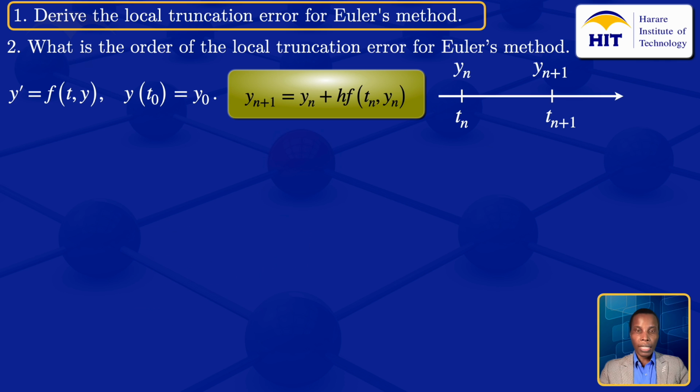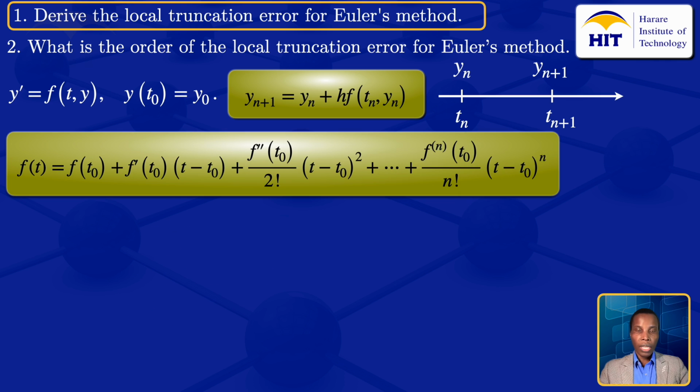So for the Taylor series expansion, if you still recall, if we have a function f and we are looking at the Taylor series expansion about the point t naught, the expansion is this one appearing on the screen. But we want to suit this to have the Taylor series expansion for the y that we have. So wherever we have f, we put y.